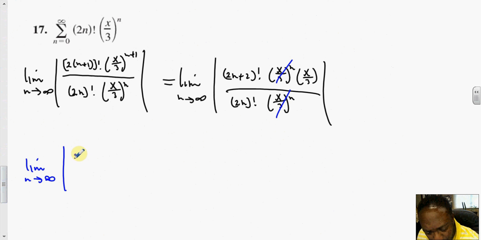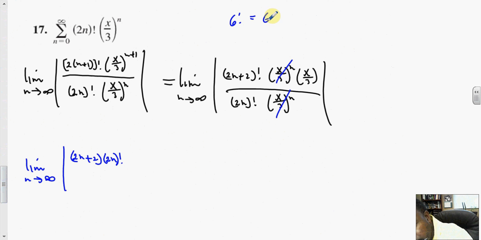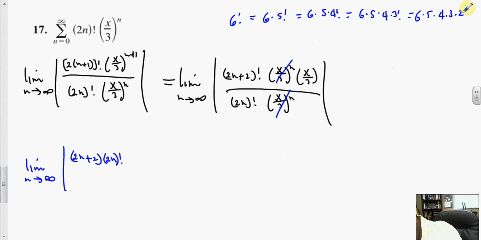So this is 2n plus 2 times the 2n factorial. If you had 6 factorial, you can write that as 6 times 5 factorial, right? And you can write that as 6 times 5 times 4 factorial, and 6 times 5 times 4 times 3 factorial, and 6 times 5 times 4 times 3 times 2 factorial, which is just 2 times 1.